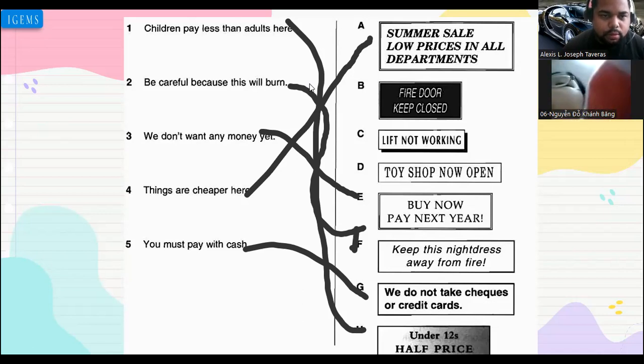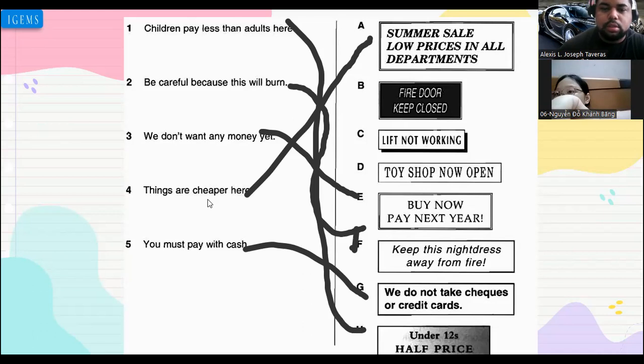What about number 3? We don't want any money yet. E. Buy now, pay next year. Things are cheaper here. A. You must pay with cash.